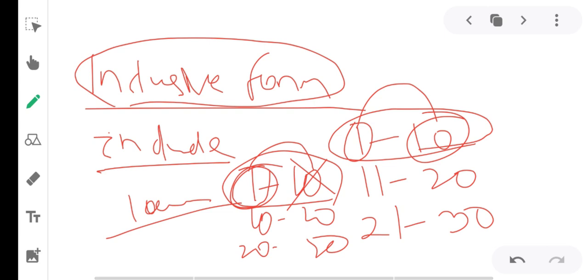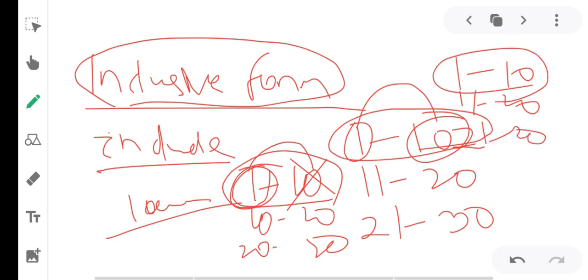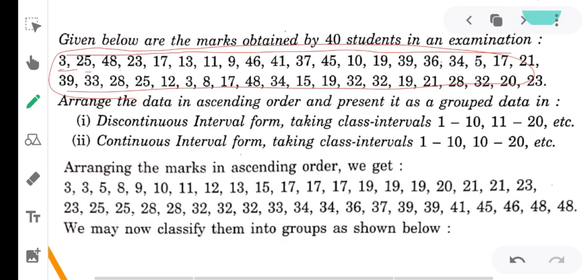But in inclusive form we will include both upper limit and lower limit. The class intervals will be like 1 to 10, 11 to 20, 21 to 30. Clear? Okay, now let us see an example.